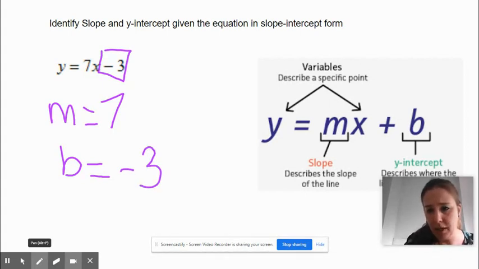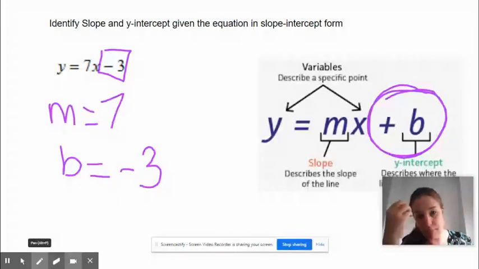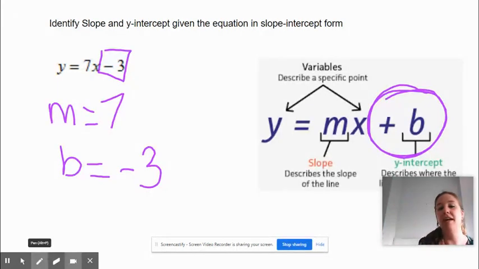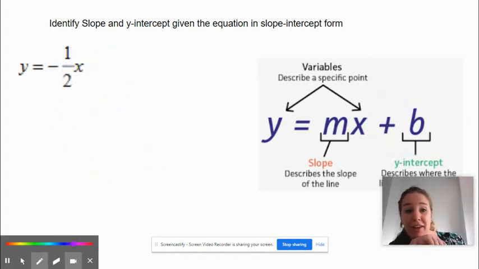The formula is y equals mx plus b. Why am I throwing that negative there? Because it is definitely part of that number, right? If you wanted to get technical, it would be plus negative 3, but you are writing, do not lose the sign.